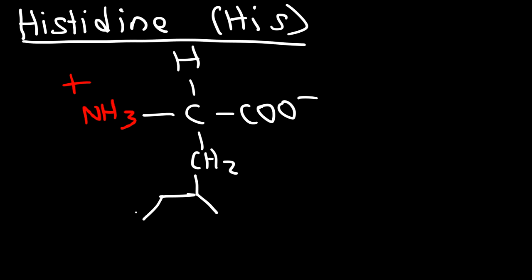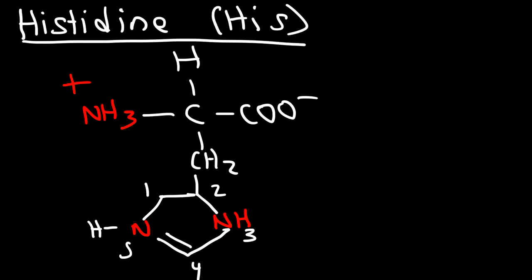So it looks something like this. We're going to have an NH group here, a nitrogen on this side with a hydrogen attached to it. And it's a 5-membered heterocyclic ring. So this is 1, 2, 3, 4, 5. There's 5 atoms in that ring. And since they're not only carbon atoms, it's another heterocyclic ring.